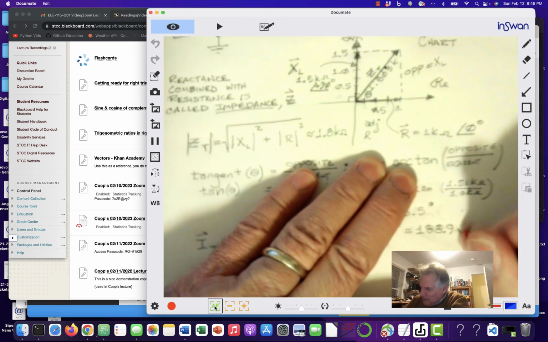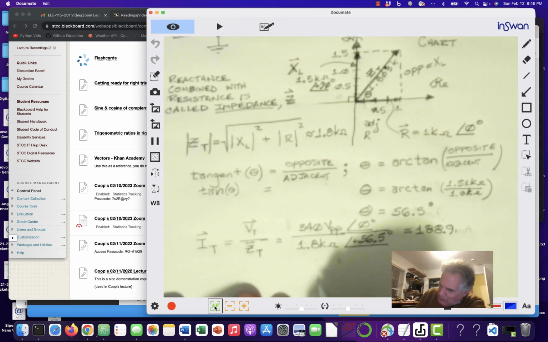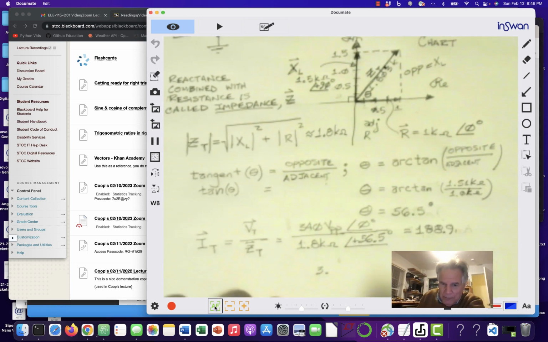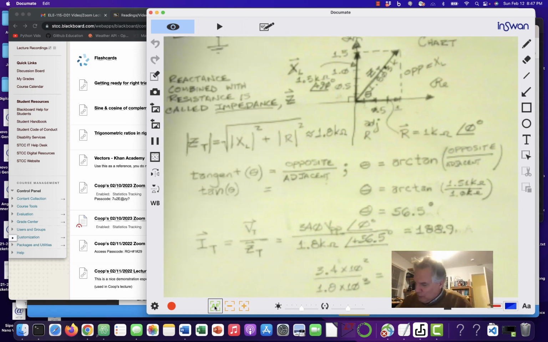Let's calculate that the proper way. 3.4 times 10 to the 2 divided by 1.8 times 10 to the 3 is equal to, let's do that.